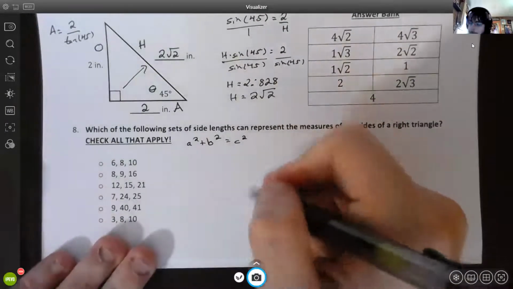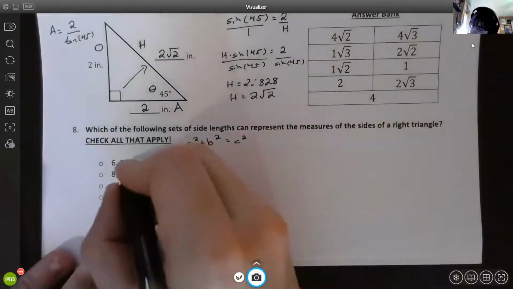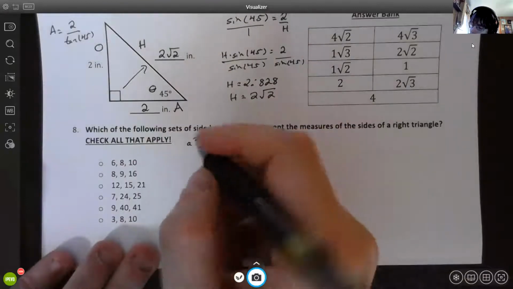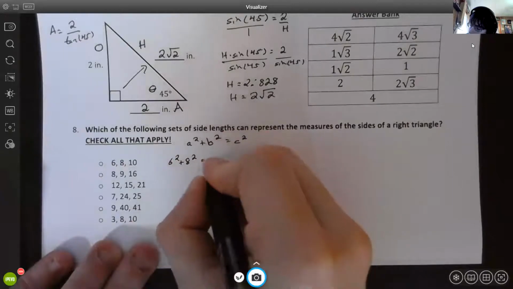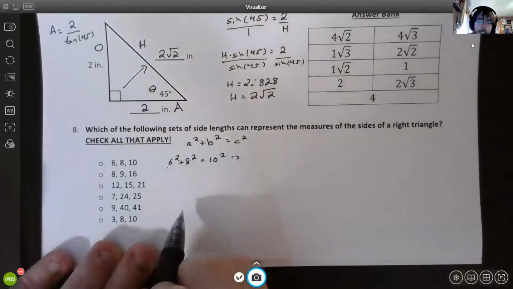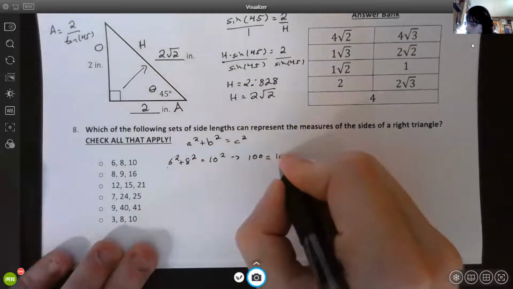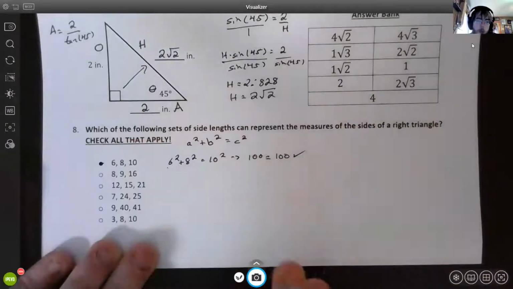So looking at number 8, you have 6, 8, and 10. Your c value is 10, a is 6, and b is 8. So you have 6 squared plus 8 squared, is it equal to 10 squared? If you add 6 squared plus 8 squared, you get 100, and 100 is the same as 100, so this is true.